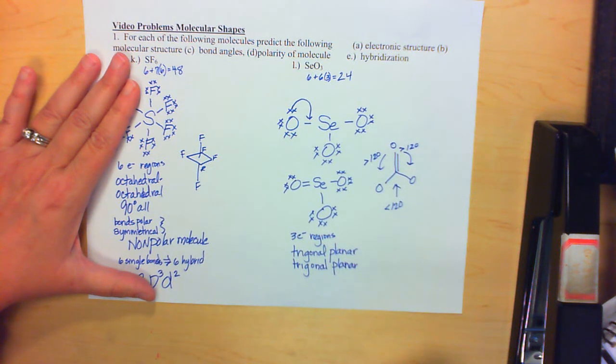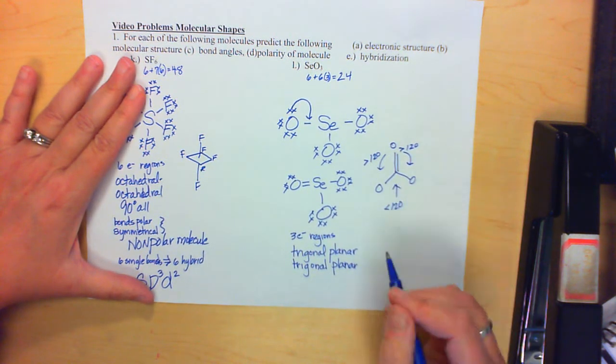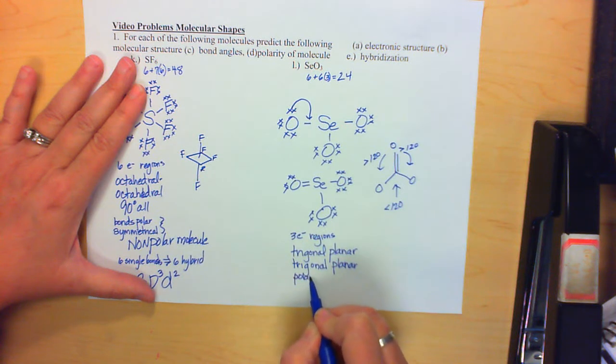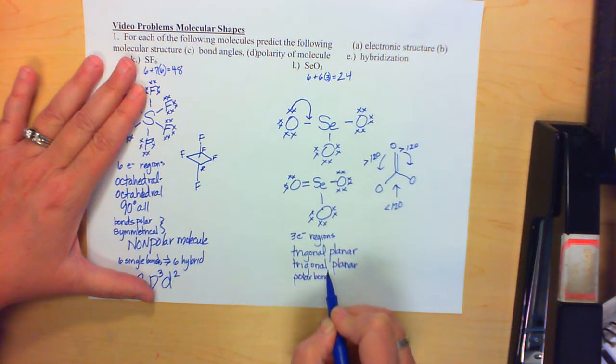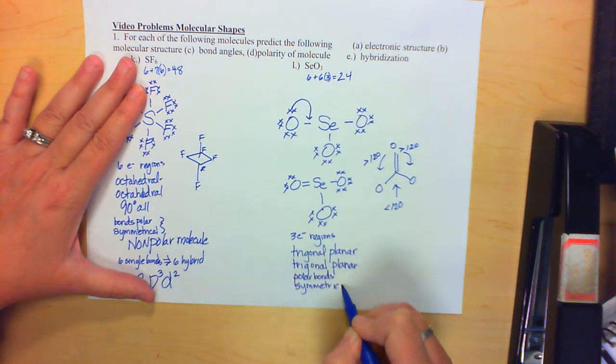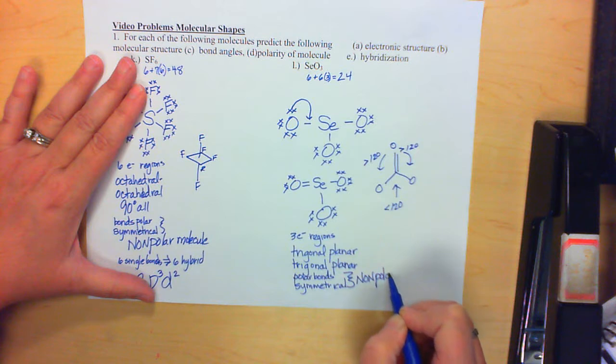It's not enough to distort it to mess up the symmetry. So we have polar bonds, but we have a symmetrical molecule. So these combine to give us a non-polar molecule.